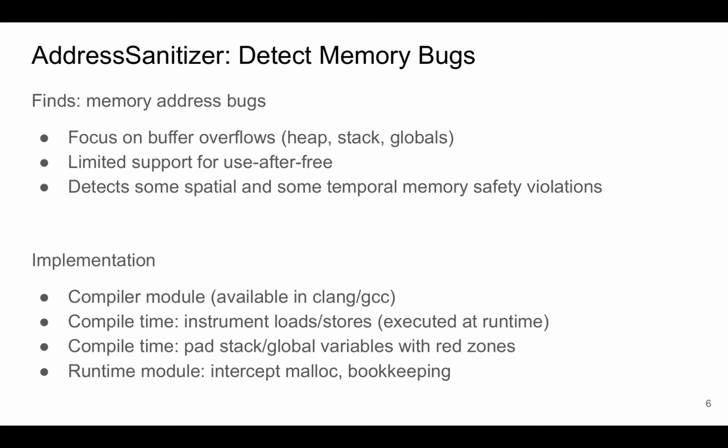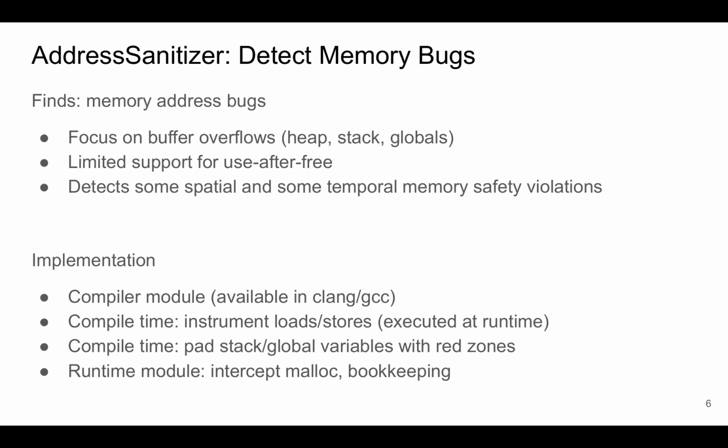The implementation of address sanitizer is done through a compiler module, which is in Clang and GCC. At compile time, it instruments all the loads and stores, and the instrumentation is then executed at runtime. It pads stack and global variables as red zones, and the runtime module intercepts all calls to malloc to then pad the allocated object.